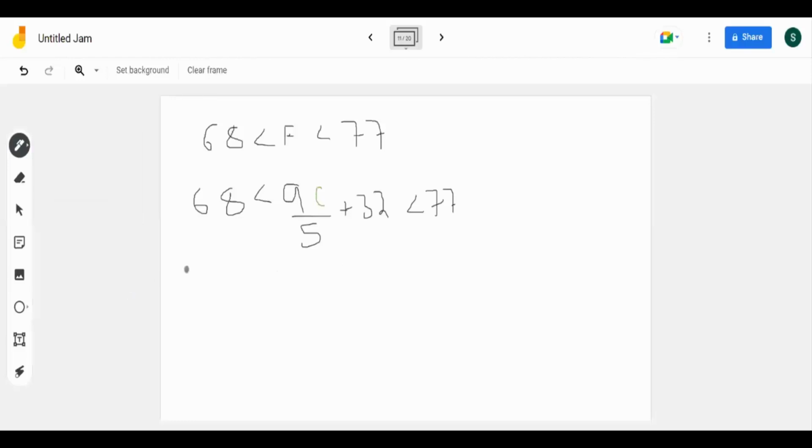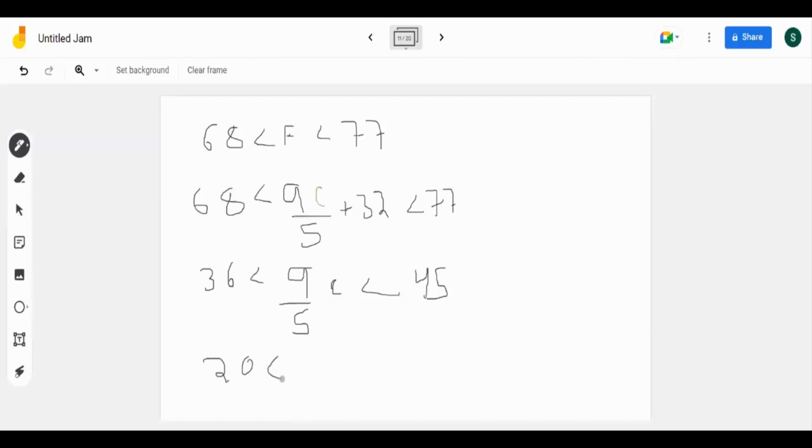So this is again a simple inequality. Subtract 32, then multiply by 5/9. On subtracting 32, we get 36 less than (9/5) times C less than 45. Multiplying by 5/9, we get 4 into 5, 20.